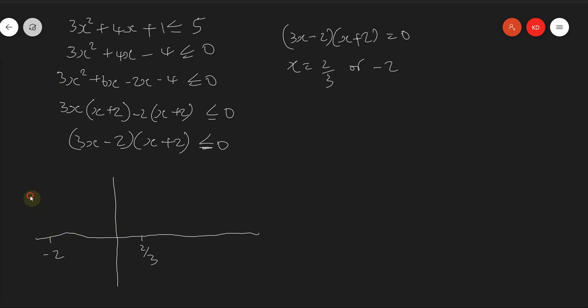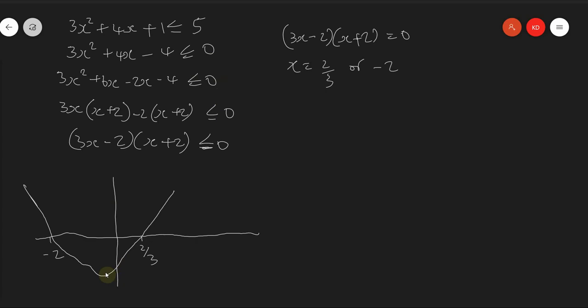And that's a -4 there, so it would look something like this, right? Good, and we are solving for when 3x squared plus 4x minus 4 is less than or equal to 0.